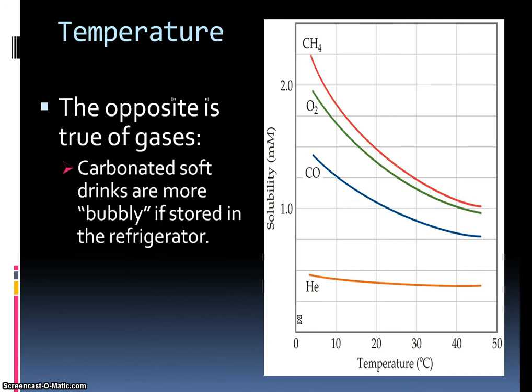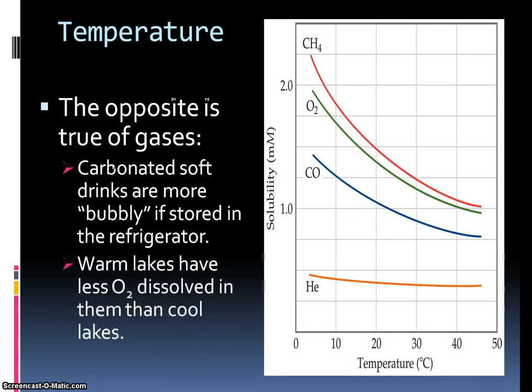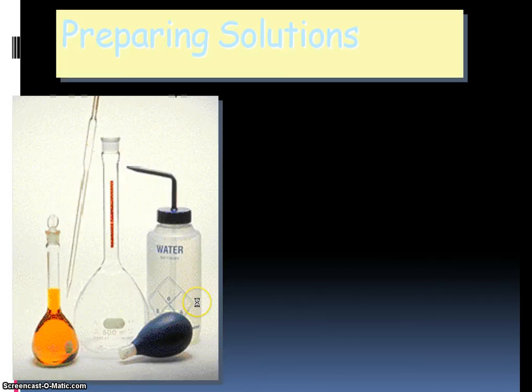Gases always become less soluble as heat rises. Think of it: if you leave a pop out at room temperature, it becomes less bubbly. But if you store it in the fridge after you've opened it, it stays bubbly longer. Warm lakes have less O2 than cool lakes, so cool lakes are better for fish.